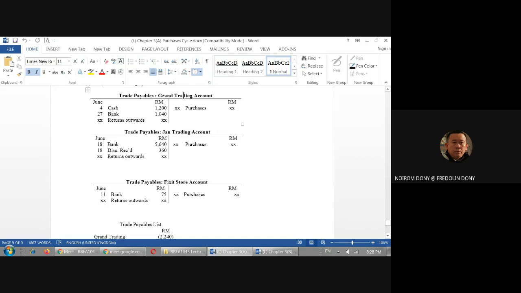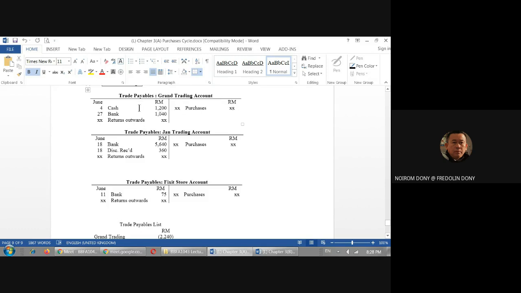When the business makes payment by cash or by cheque, it reduces the amount the business owes to the trade payable Grand Trading. That explains all the possible entries in this account.